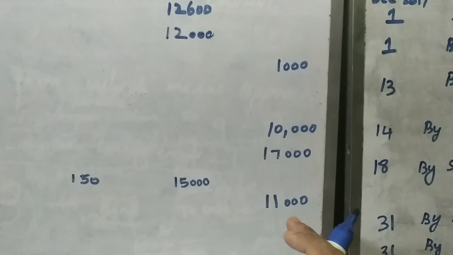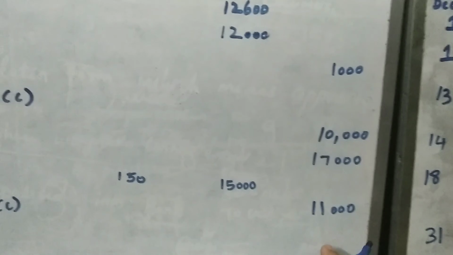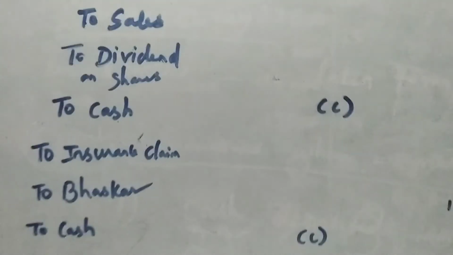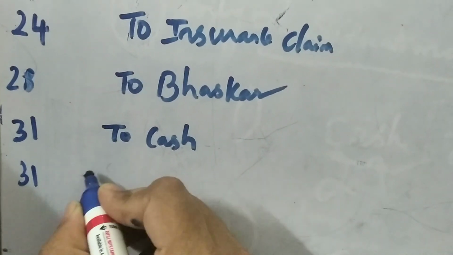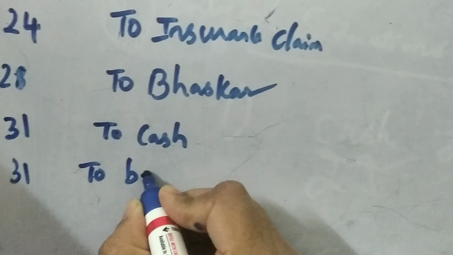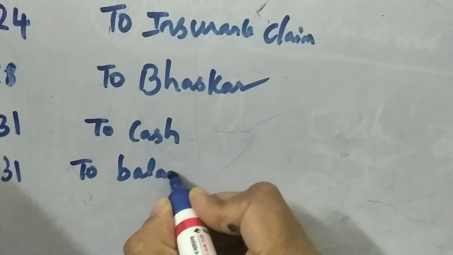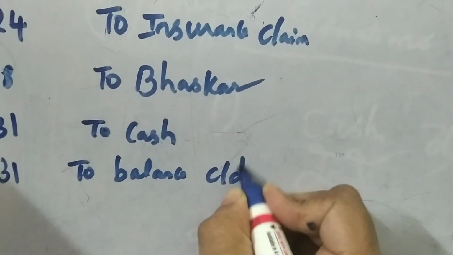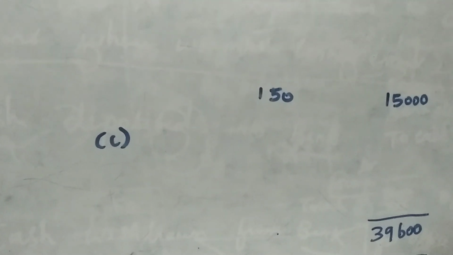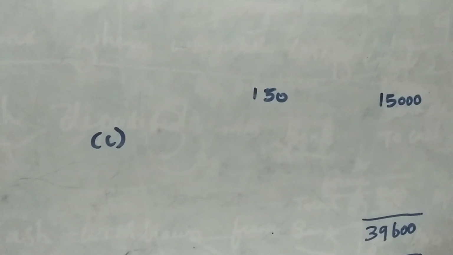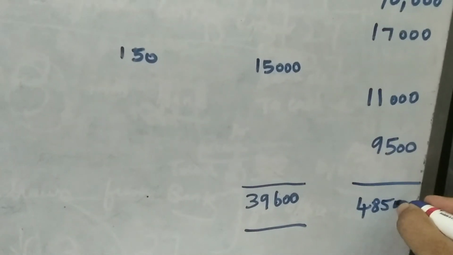So there is a difference of 9,500. That will be the closing balance of bank. So on 31st, you will write to balance carry down in the bank column 9,500. So make both sides equal.